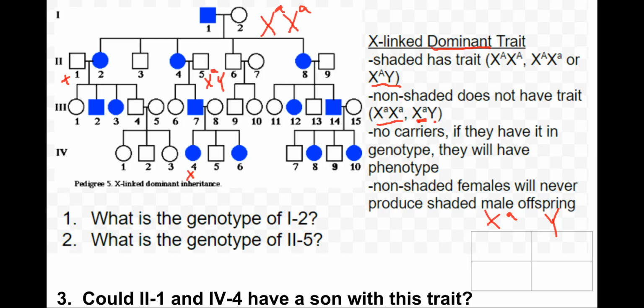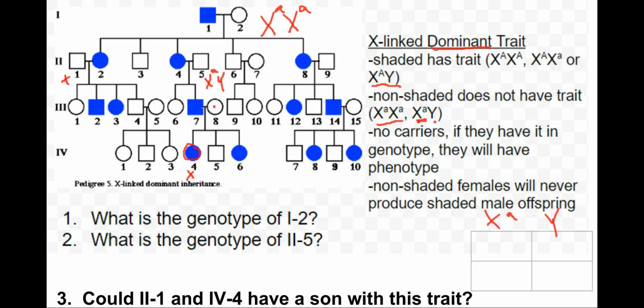And how in the world do we figure that out? Well, if we trace this back up here, we find out that this mother does not have the trait. Therefore, this mother is X small a, X small a. So one of this child's X's has to be X small a.